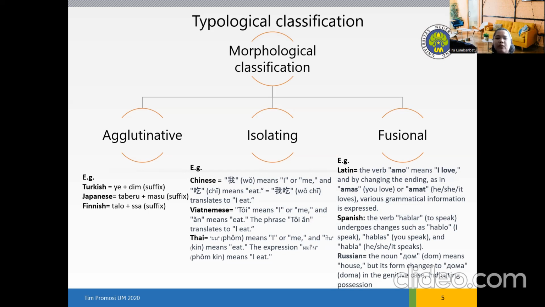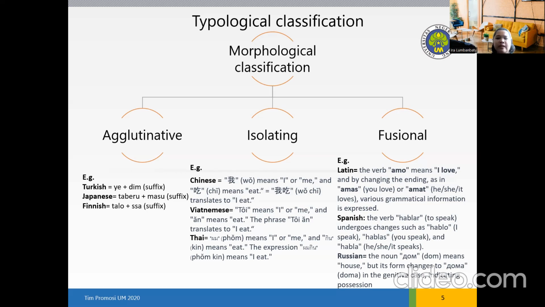In fusional languages, a single morpheme can represent multiple grammatical features simultaneously, such as tense, number, and case. This contrasts with agglutinative languages, where morphemes are added in a more modular and straightforward manner.